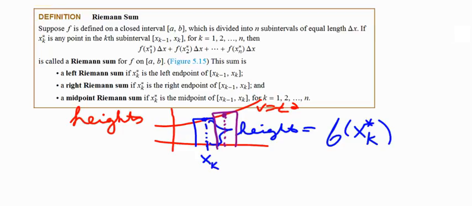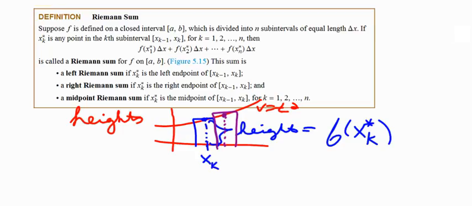So there's 3 different ways, and a German mathematician, Riemann, said, hey, wait, we could do this. We can use left corners of the rectangles, the midpoints on the top width of the rectangle, and right corners of the rectangles. So there's 3 different ways we can calculate for this.